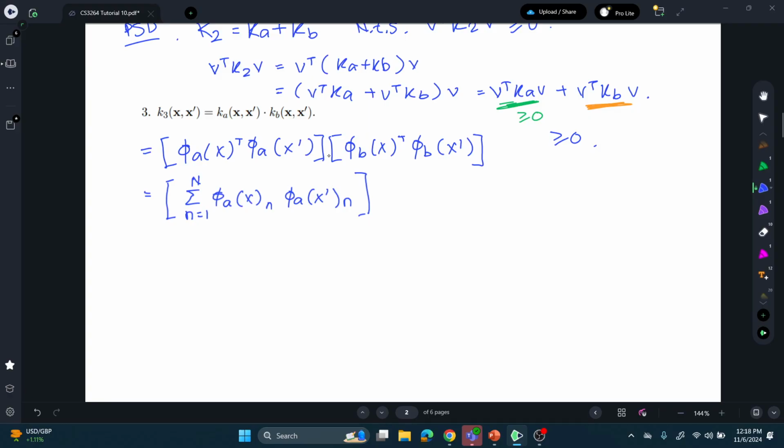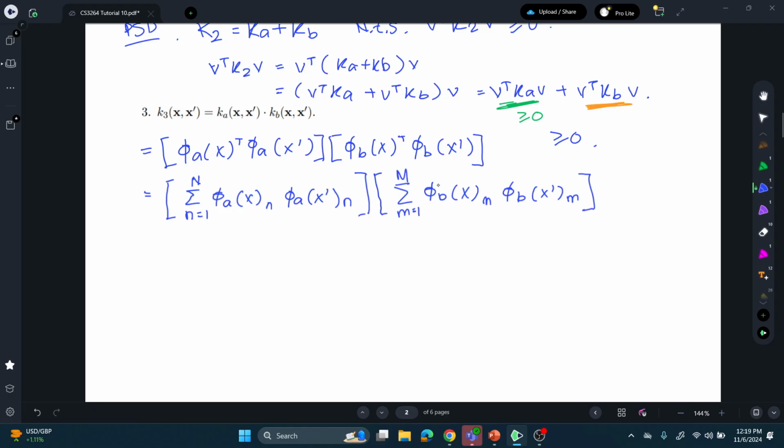Once I finish this, I will multiply with a separate sum, using a separate index. Capital M is the dimension of phi B. So this will be phi B of x, element m, times phi B of x prime, the mth element. Any questions? I'm just rewriting the dot product as the sum of the element-wise products. Any questions?